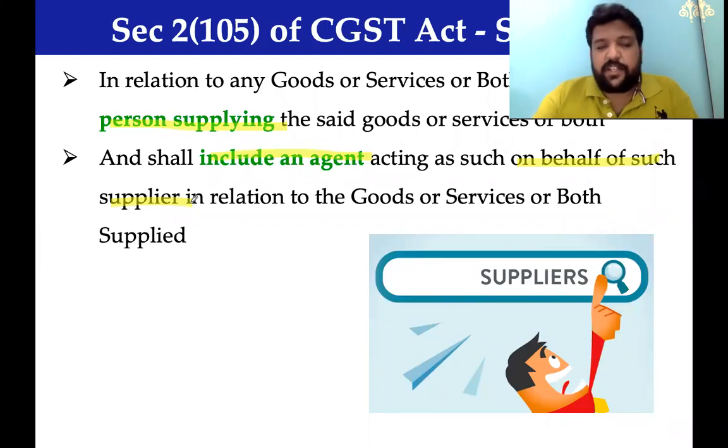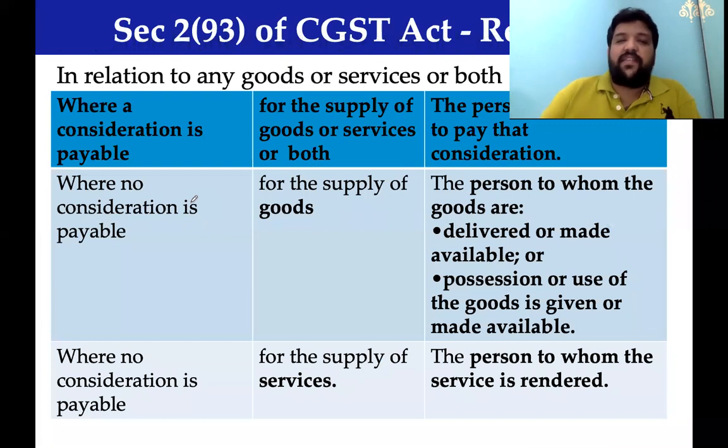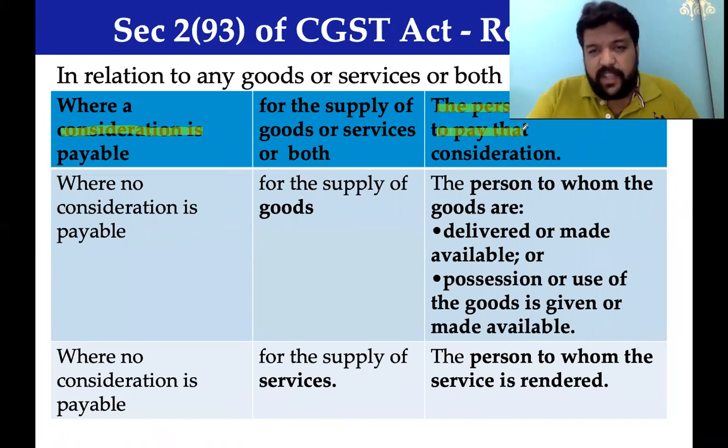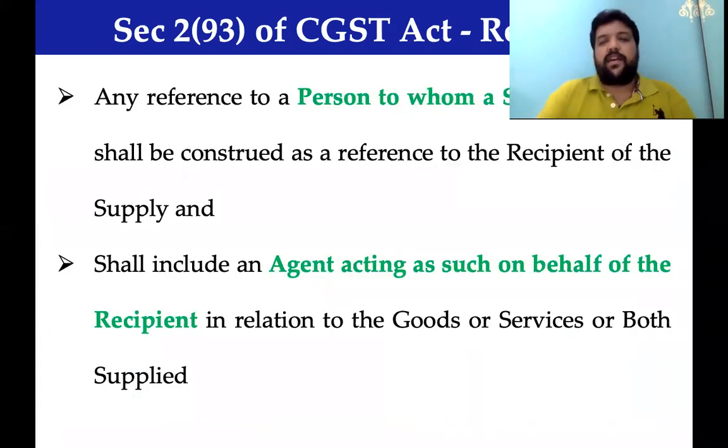So every transaction would have a supplier, and every transaction will have a recipient. Recipient means whom, where consideration is payable. Wherever consideration is payable for supply of goods or services or both, the person who is liable to pay the consideration is called the recipient.